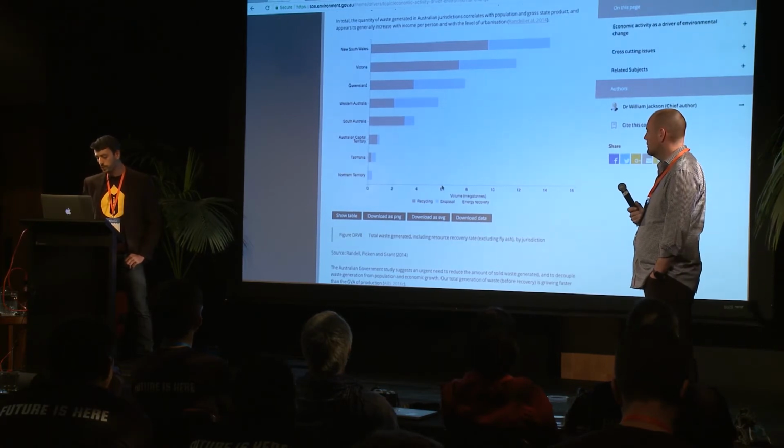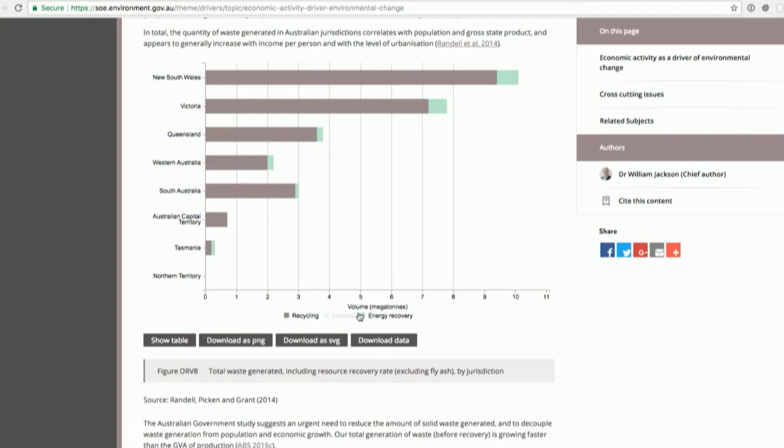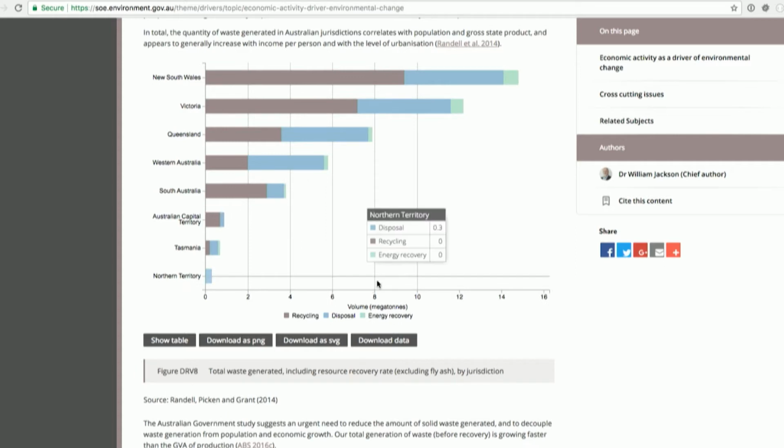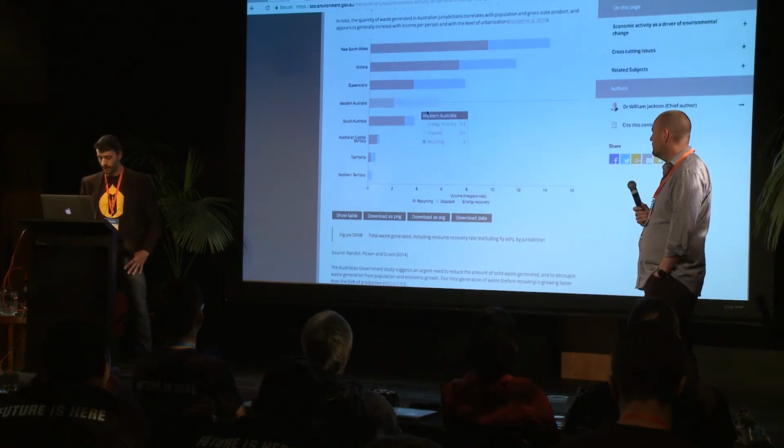So if you really want, you can just disable one of the labels down the bottom, so you're only looking at recycling and energy recovery. If you just want to look at one of them, you can turn the other one off as well. So as you can see, it's fully interactive and a much better user experience, if you consider book readers as users as well, so you can interact with it.